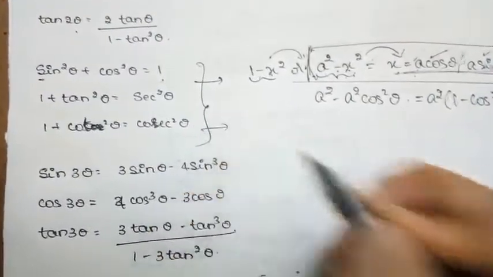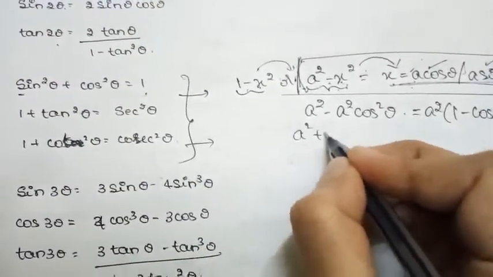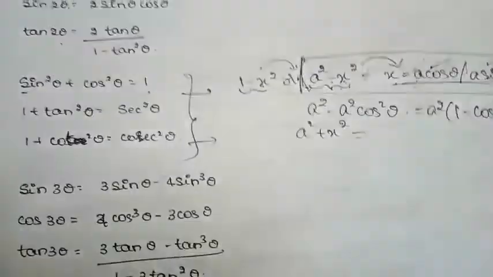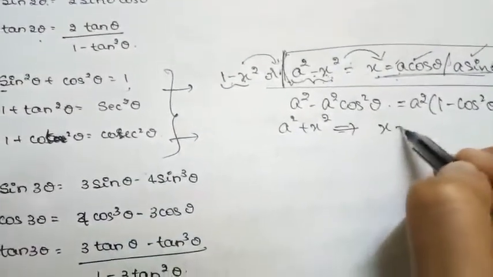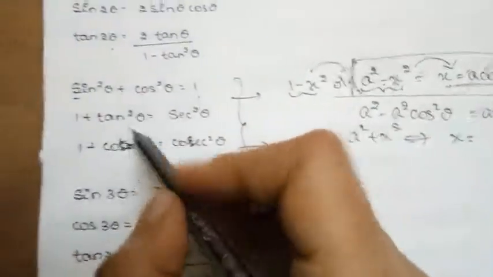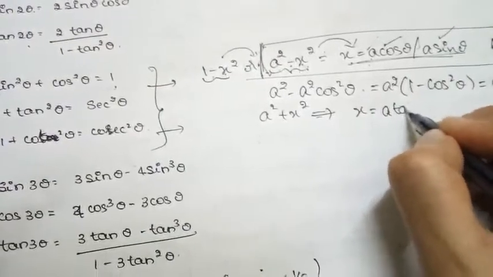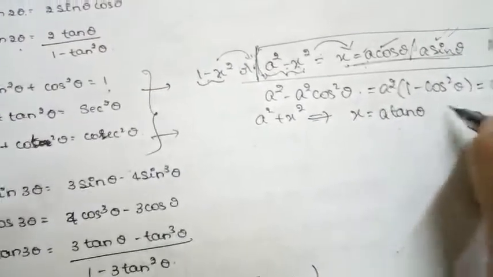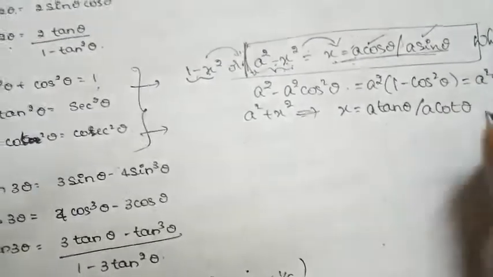Suppose the question is in the format of a square plus x square. Suppose the question is in this format, at that time we are substituting x as, clearly you can see here, either x is equal to a tan theta or x is equal to a cot theta.